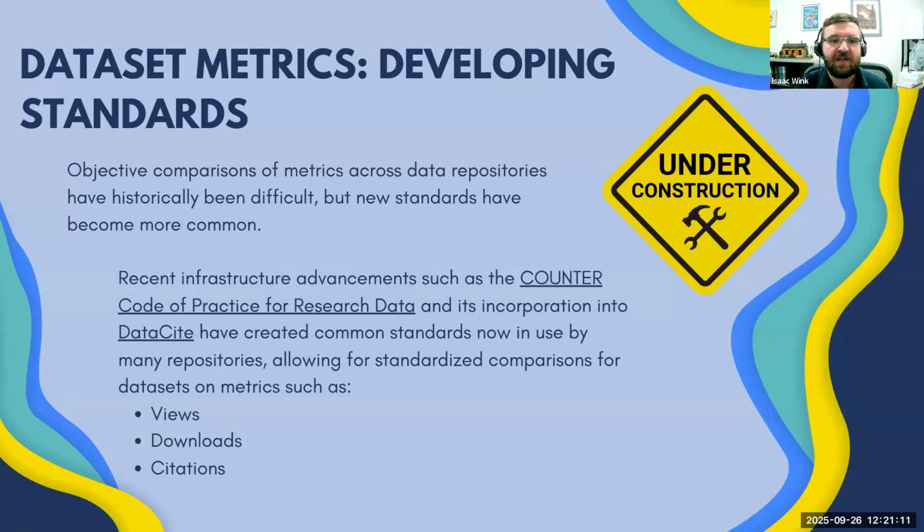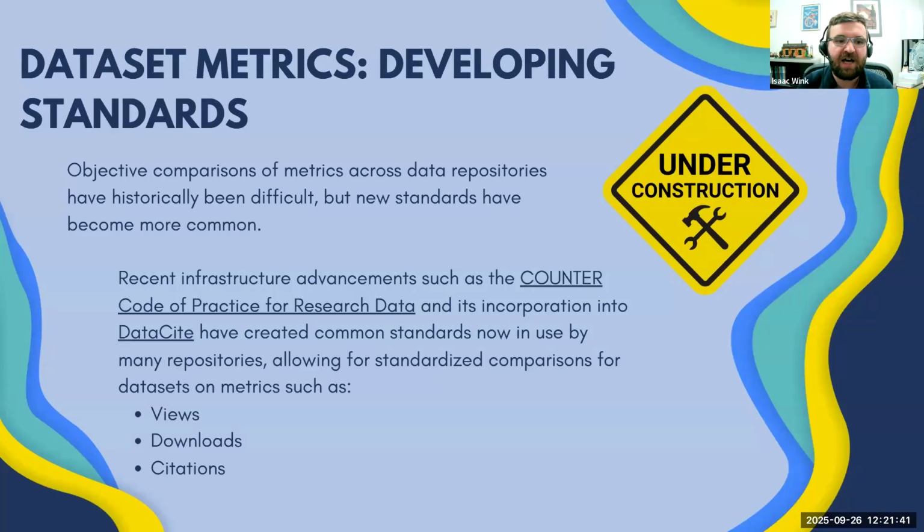Fortunately, there has been some development in this area through what's known as the Counter Code of Practice for Research Data, which is a protocol for standardizing some of those infrastructure elements for data sets, but also some of the reporting mechanisms as well for metrics. And that code of practice has been incorporated by DataCite, one of the largest producers of digital object identifiers for data sets across a number of different repositories.